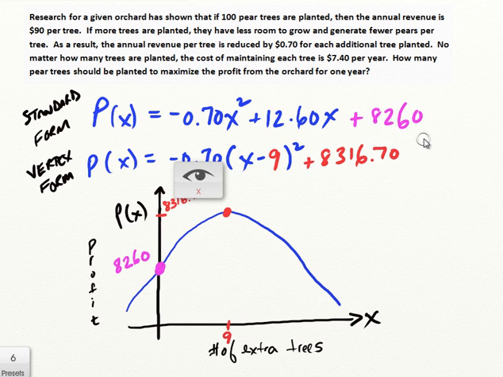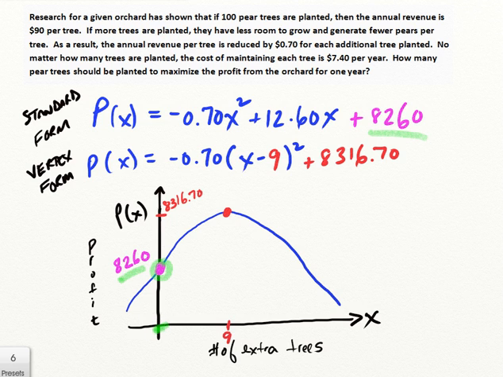And the y-intercept was 8260. We can also see that on the graph, there's the 8260, and it's right there. It is where we originally started when we had 0 extra trees. So that was the initial profit that the company was making.